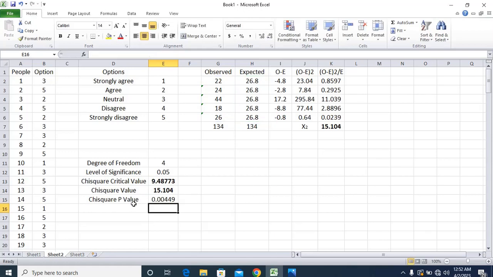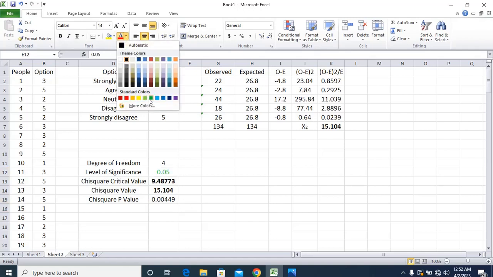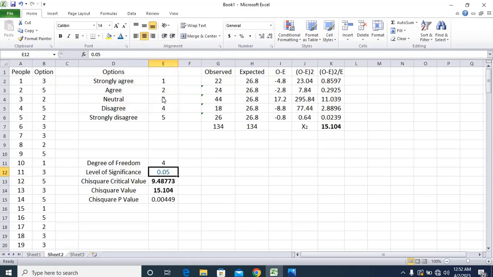Now you can see over here that this value, if I make it blue, is very much less than the level of significance.